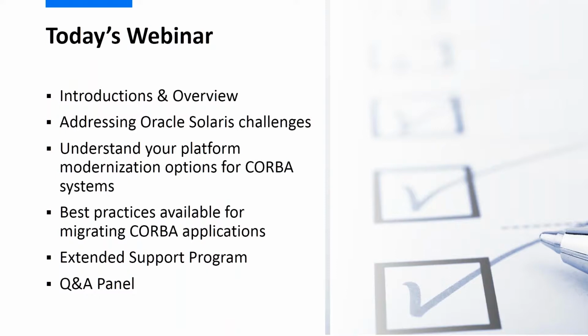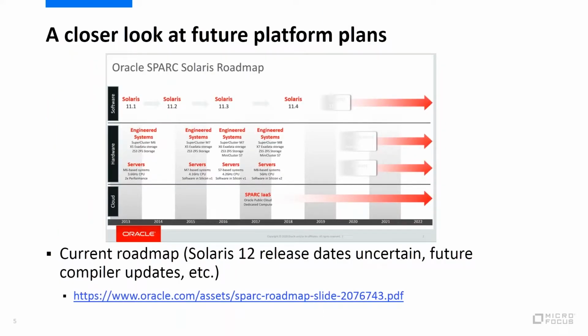Next slide, please, Ed. So this is the current roadmap from Oracle's website below. If we take a closer look at this Oracle Solaris SPARC roadmap currently available, this raises a few questions and uncertainties with regards to the future plans, especially with regards to the next version of the Solaris operating system, Solaris 12, and coming with that, the same questions with regards to what's going to happen to the Sun Studio C++ compiler updates going forward.